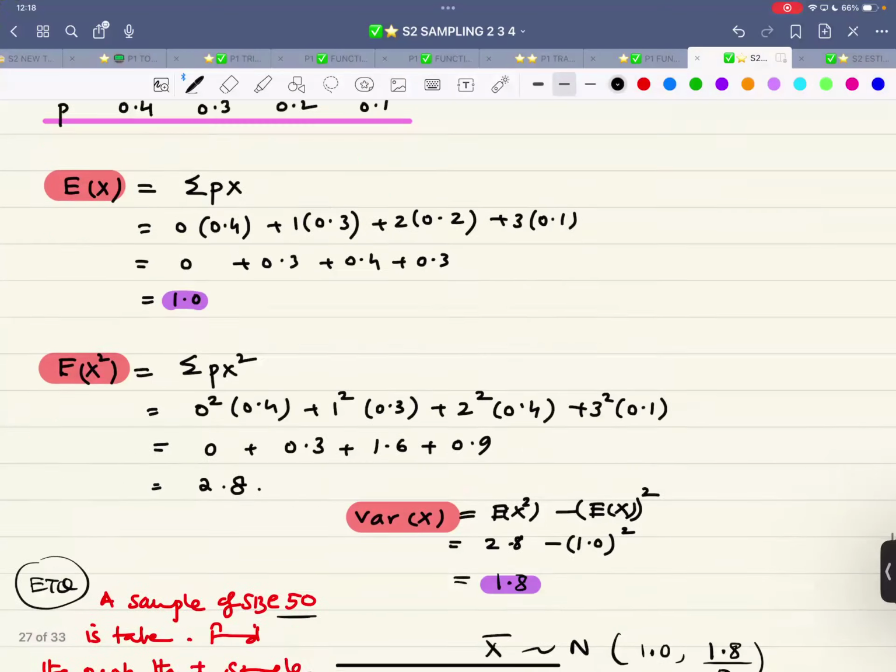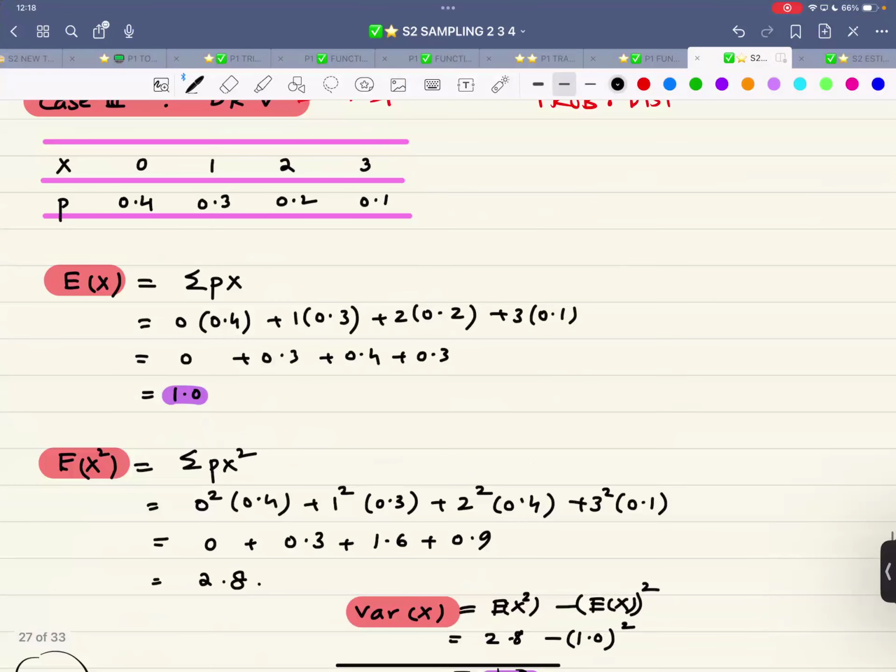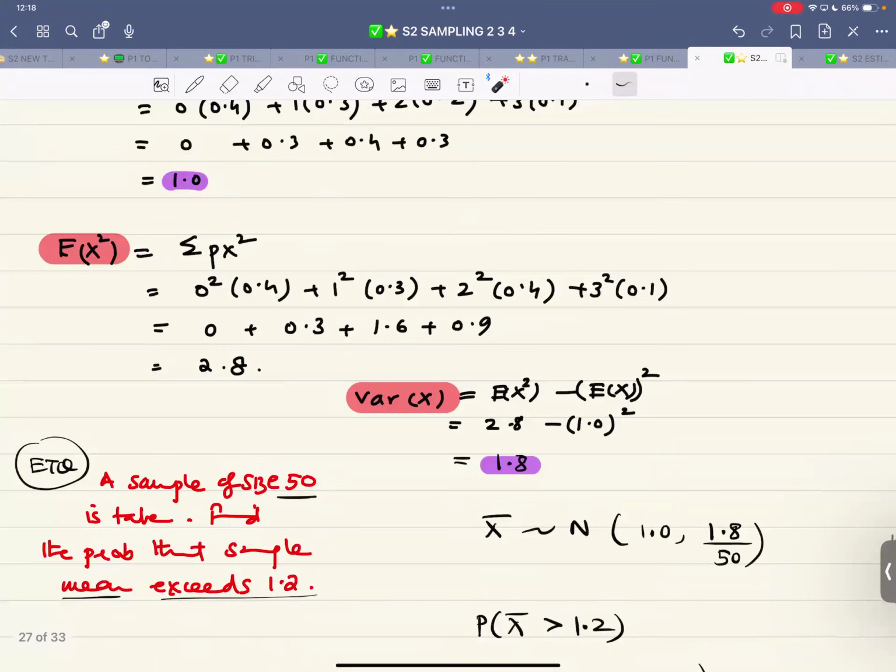Now, people, there is a small correction that needs to be done. Someone pointed out that when we calculate expectation of X square, that is X square into P: 0 square into 0.4, 1 square into 0.3, 2 square into 0.2, 3 square into 0.1. By mistake, this is 0.4 over here. This is actually 0.2.